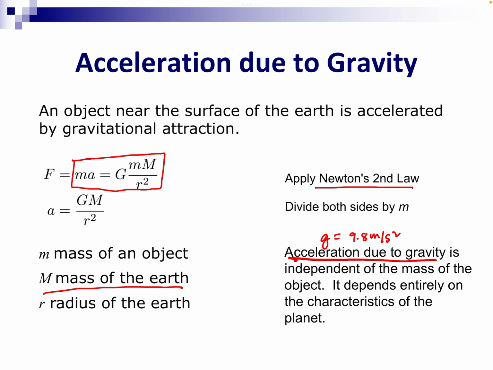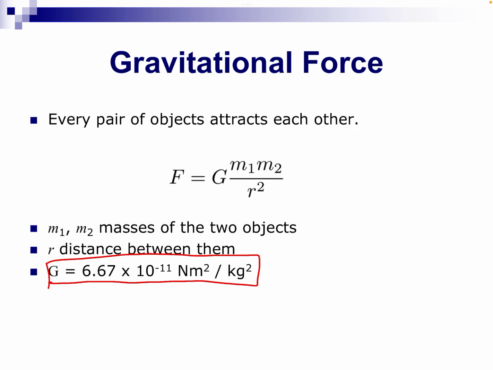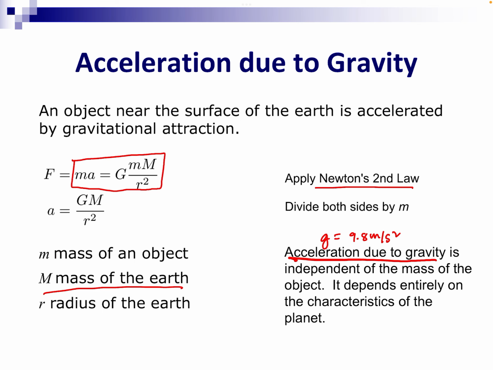So this g equals 9.8 meters per second squared is actually a consequence of Newton's second law of motion, as well as the gravitational force that two masses exert on each other, namely the mass of the Earth and the mass of the object on the surface of the Earth.